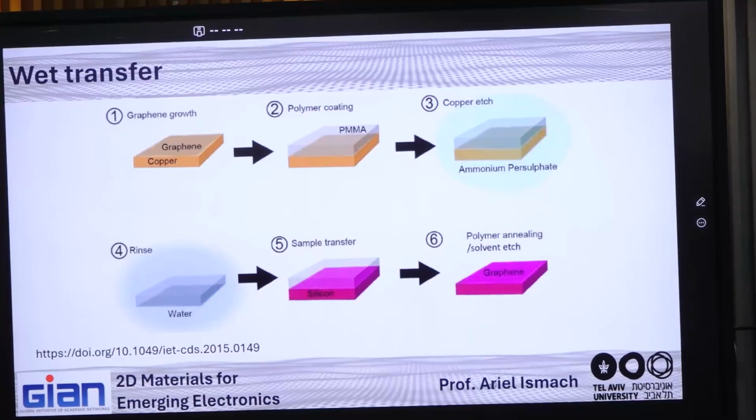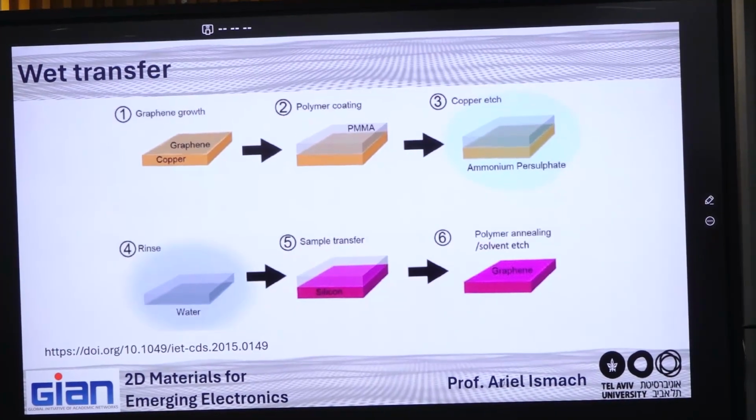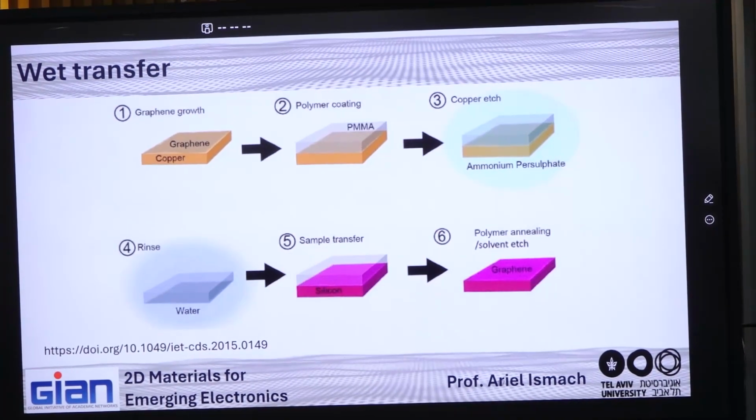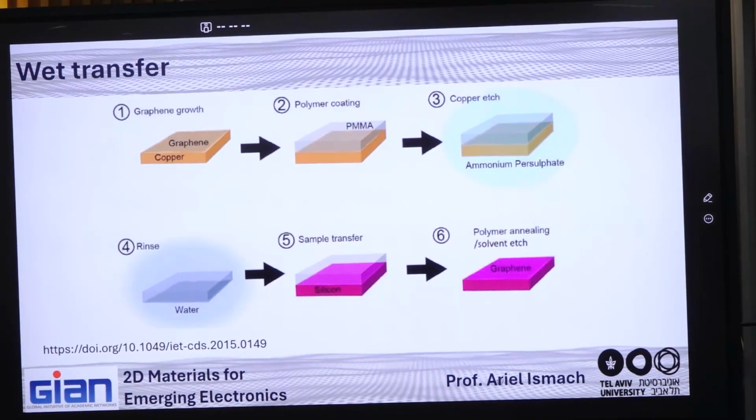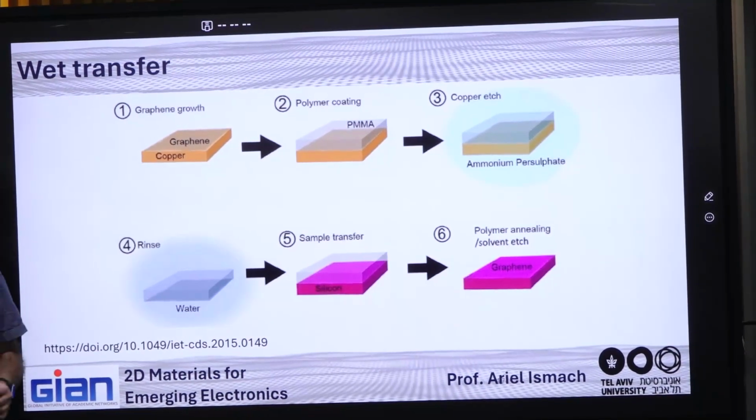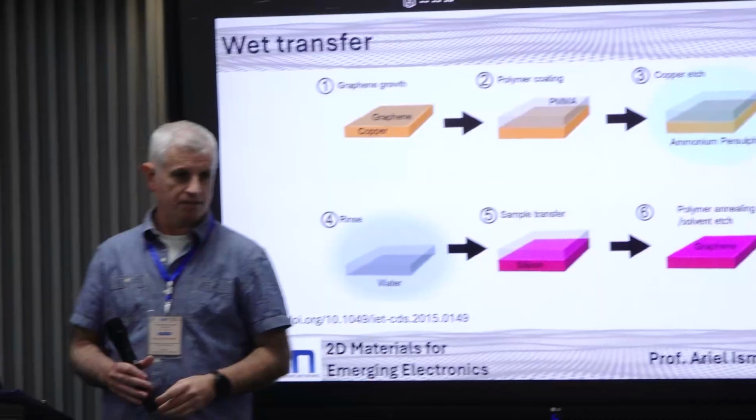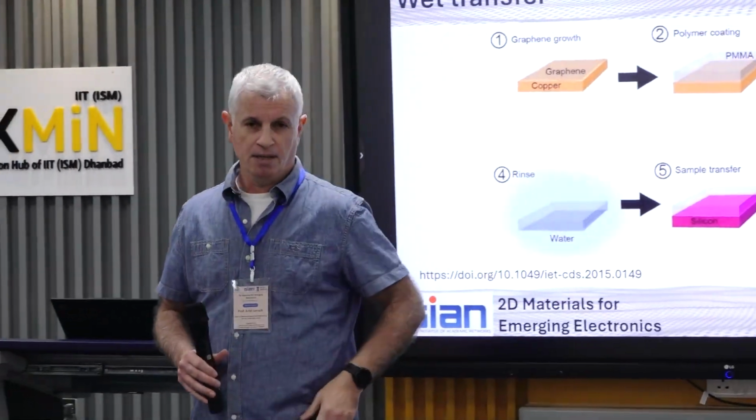So, can we use any other polymer? Yes, you can use a lot of polymers. There are a lot of reports about transferring graphene, and there are also reports of transferring graphene by dry methods. For example, with thermal release tapes.